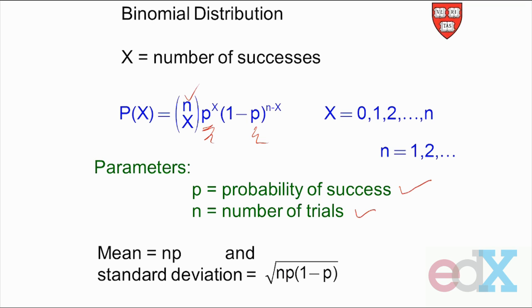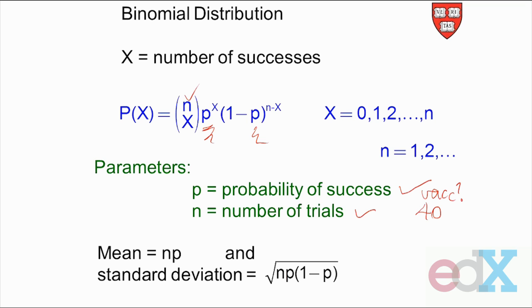We're going to repeat an experiment N times, and P is the probability of success. So for example, we might think of a village, and we might think of 40 people in the village. And P is the prevalence of vaccination. So we decide whether a person, a child, let's say, is vaccinated or not.